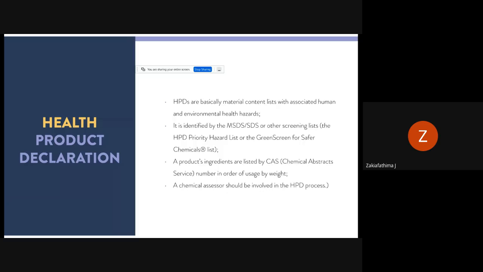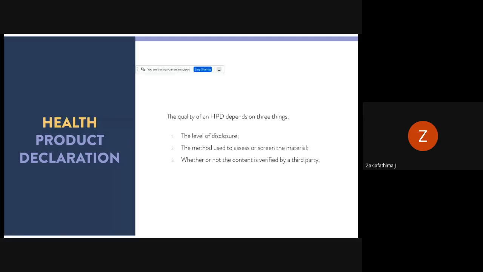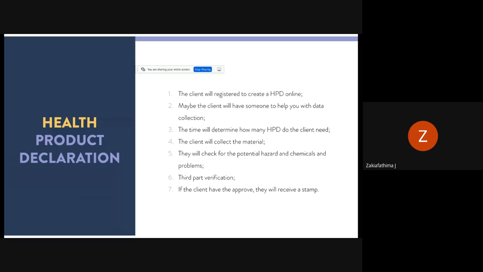And then you have the quality of the health product declaration. It depends on three things: level of disclosure, method used to assess the material, and third, whether or not the content is verified by a third party.